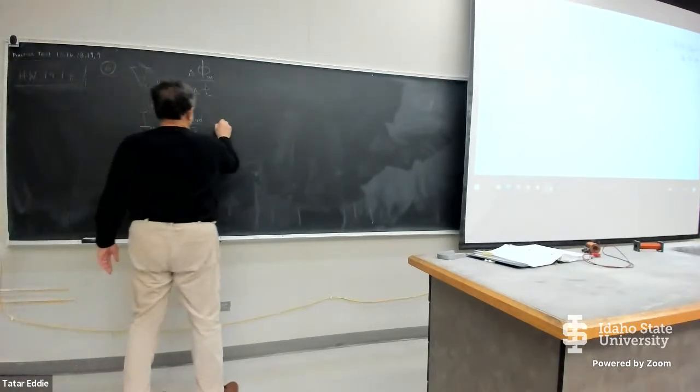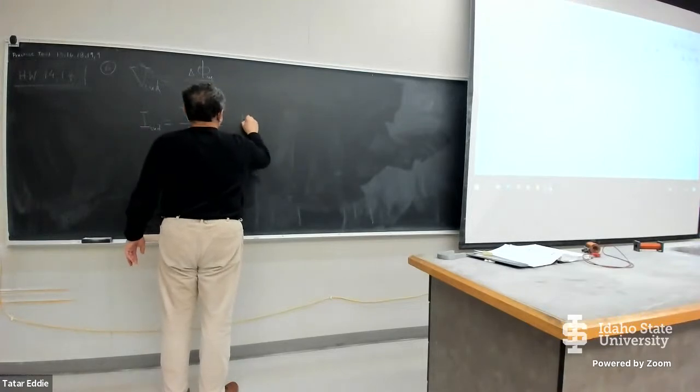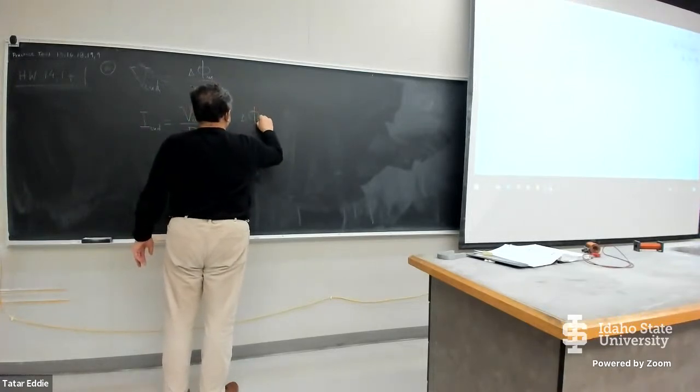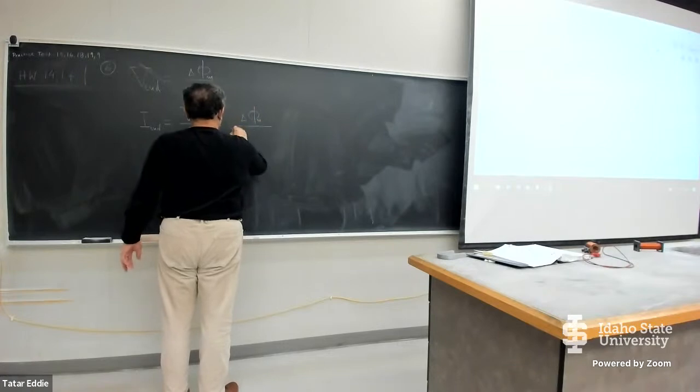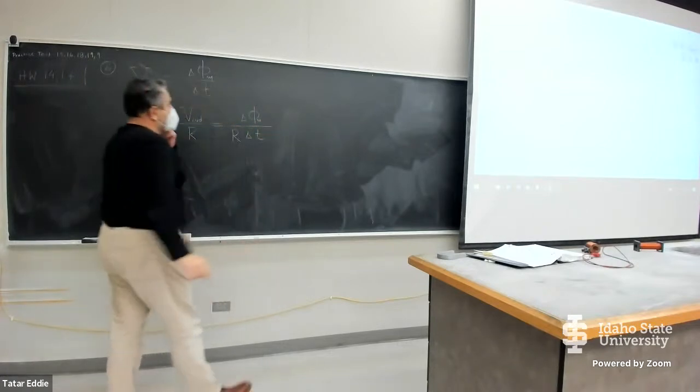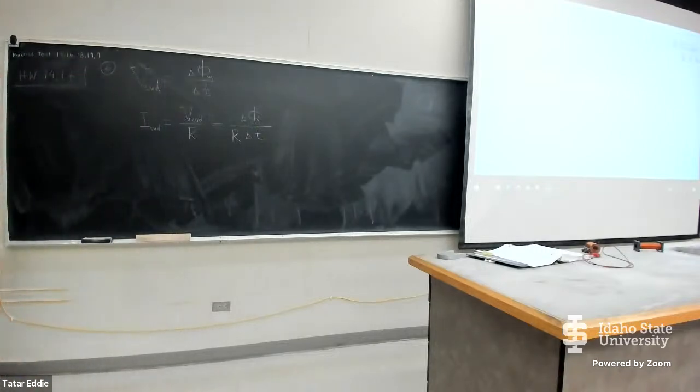So you practically have to calculate the rate of change of magnetic flux divided by resistance, right?